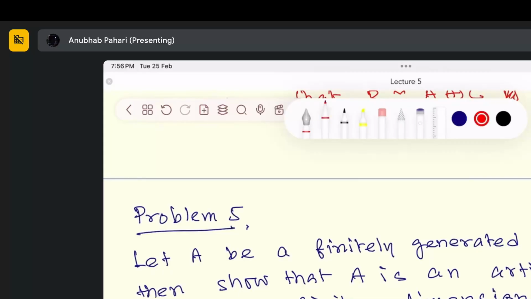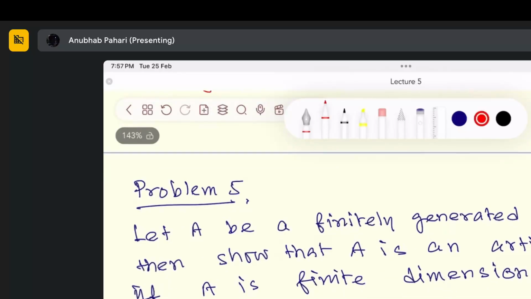So we will be doing this proof. Okay, first do the converse thing. Suppose that A is finite dimensional as a K vector space.